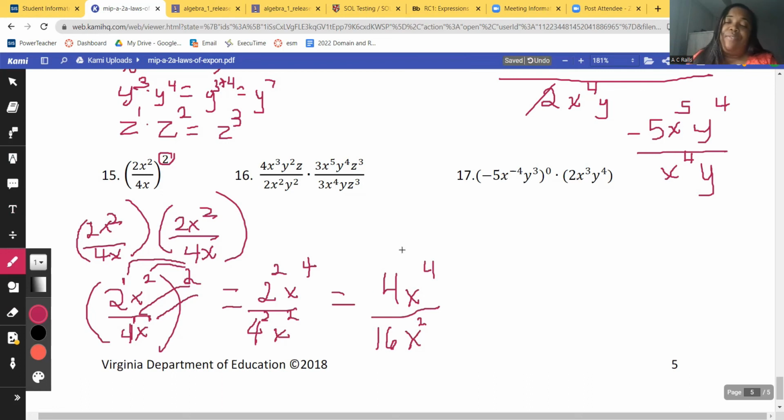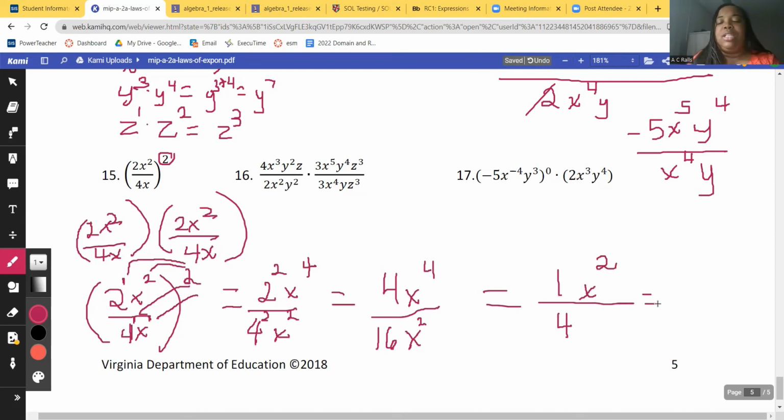You can simplify 4 divided by 16, because 4 goes into 4 once, and 4 goes into 16 4 times. You have 4 x's on the top and 2 x's on the bottom. So you will end up with x to the 4 minus 2 power, which is x squared.